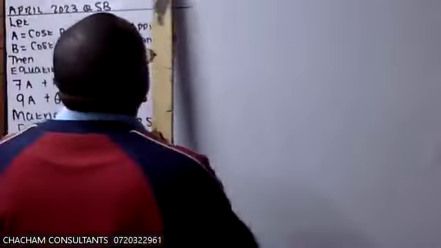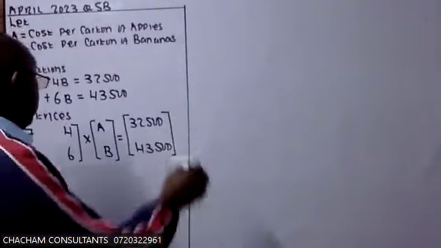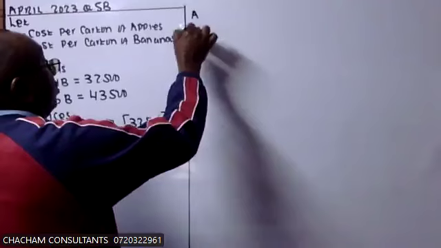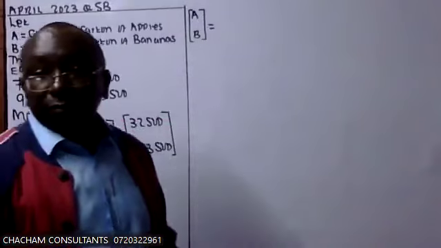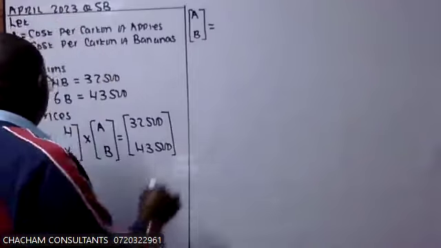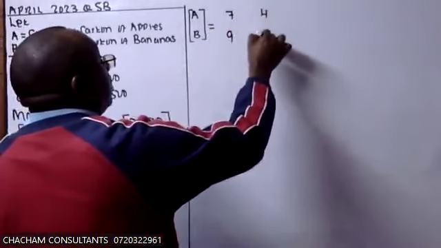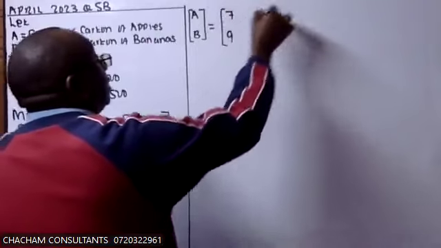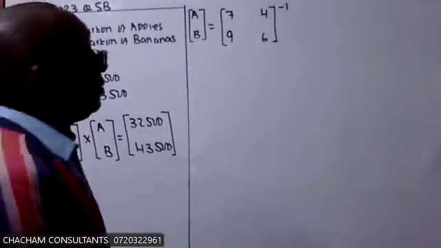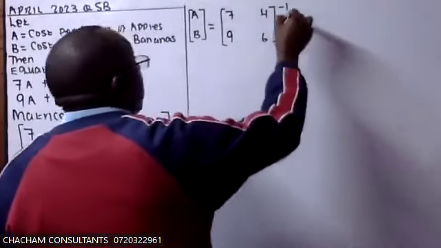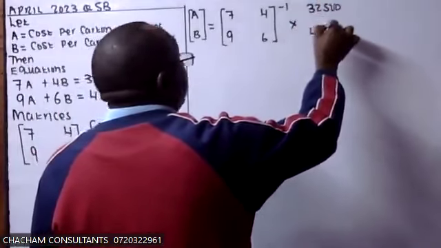Then from there, we start solving so that you have A here and you have B equals this one is 7, 9, 4, 6, and it comes in as an inverse to multiply that 2,500, 43,500.